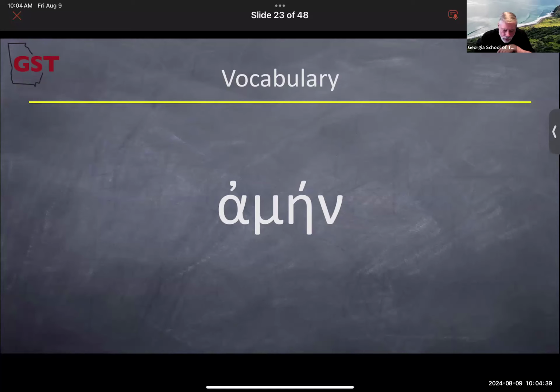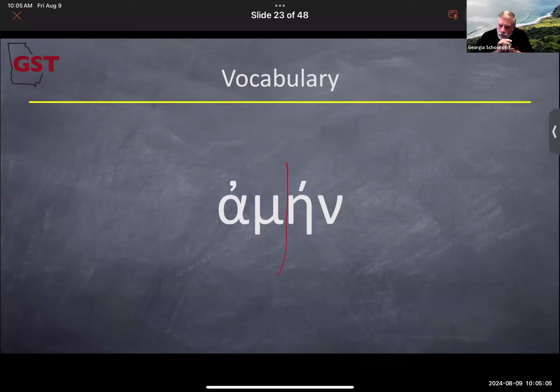I'd make my division right down the middle. Now, how would you pronounce it? That's an eta. A is more of an A sound.